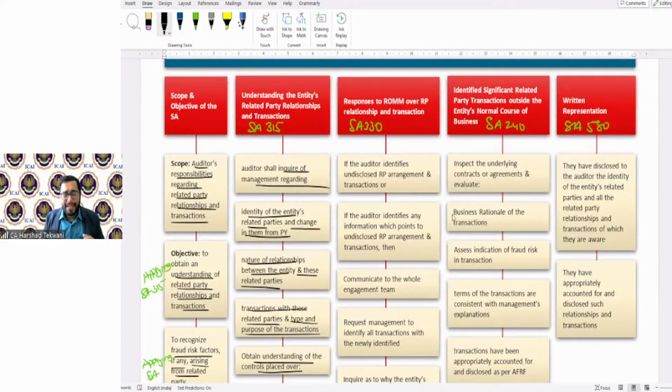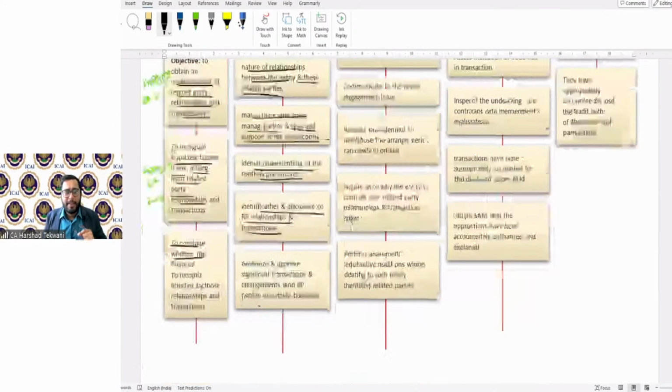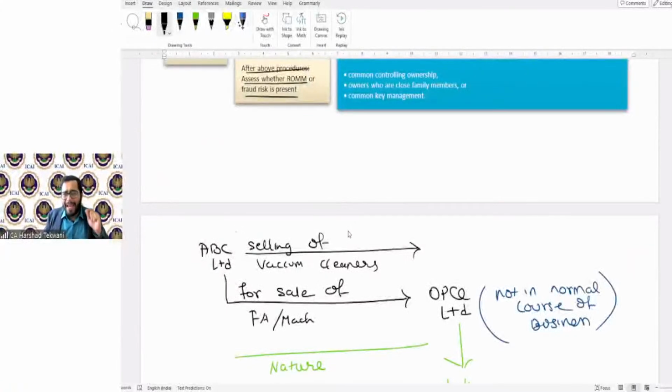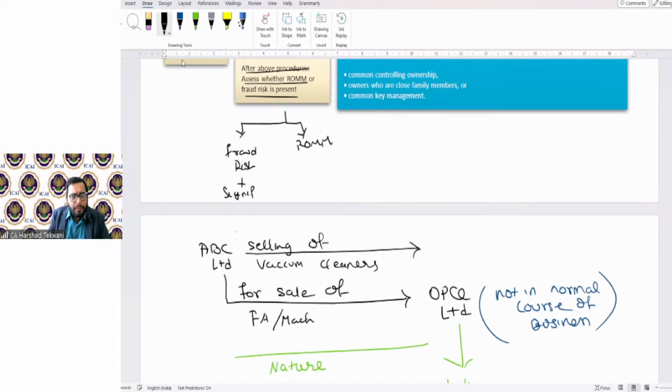That is responding to the risk of material misstatement. Now, when we applied SA 315, we might have come to a conclusion whether there is a risk of material misstatement and fraud risk, fraud risk plus significant risk, or there is no risk.